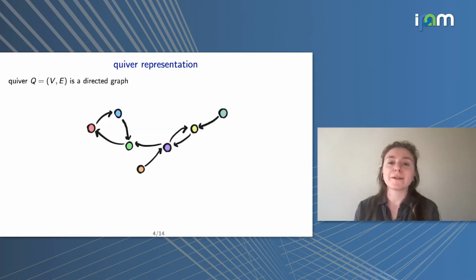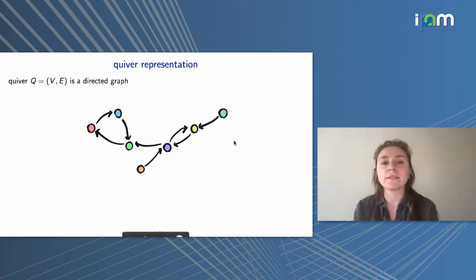Okay, so what's a quiver representation? Well, firstly, what's a quiver? So a quiver has a set of vertices given by some vertex set V, and a set of edges or arrows given by a set E. And we allow loops and double arrows between a given pair of vertices. But apart from that, it's just a directed graph, like this one here from the previous slide.